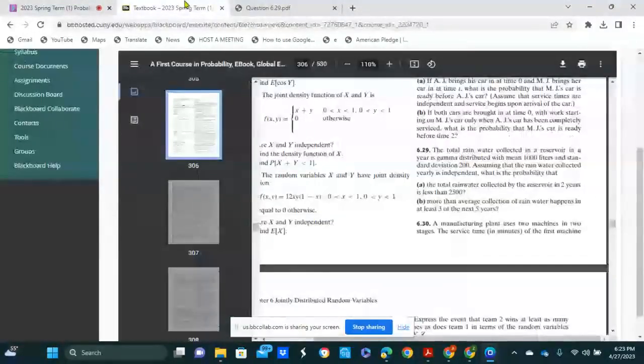Hi. Hello, Angeli. I'm doing 6.29. It says the total rainwater collected in a reservoir in a year is gamma distributed with mean 1,000 liters and standard deviation 200. Assuming that the rainwater collected yearly is independent, what is the probability that A, the total rainwater collected by the reservoir in 2 years is less than 2,500 liters, and B, more than average collection of rainwater happens in at least 3 of the next 5 years.